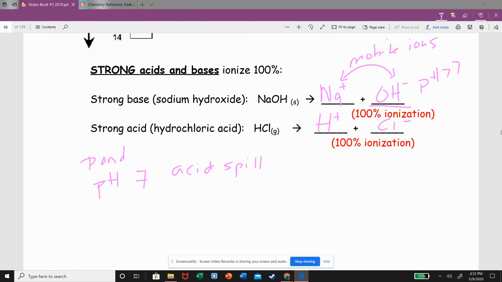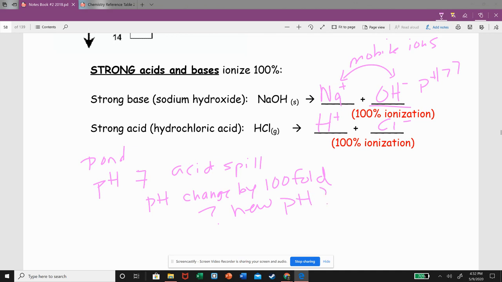The acid spills into my beautiful, pristine, wonderful pond, and my pH is going to change by 100-fold. I want to know what is the new pH.